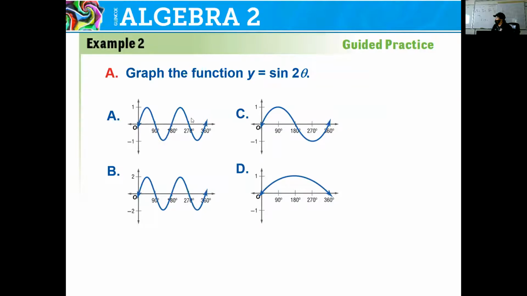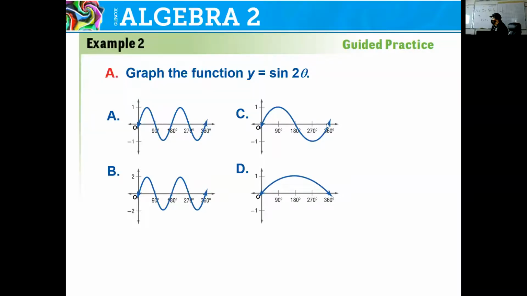So from here, we can eliminate B. This sine of 2 theta gives you an element of B. If we plug it into the period formula, where we take 360 divided by the absolute value of B, this would be 360 divided by 2, which states that it should complete its period every 180 degrees. So we're looking, where does one end at 180 degrees?